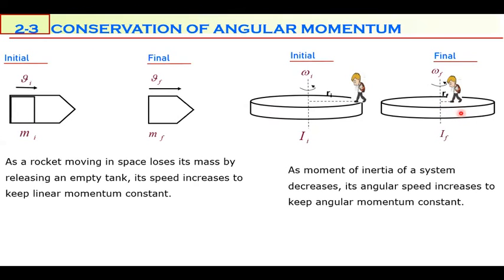Nobody is pushing the merry-go-round, nobody is trying to stop it. Only the distribution of the mass changes. Initially the student is far, finally walking toward the center, close. So the only thing that changes is the moment of inertia. No torque is applied, so angular momentum is conserved. The initial and final angular momentum of this system are the same.